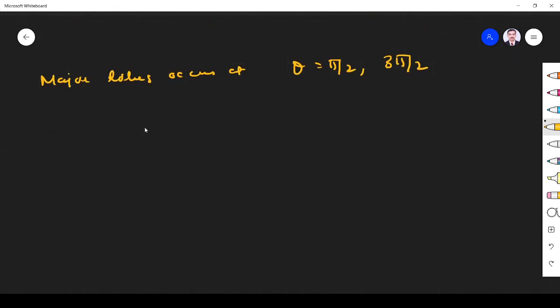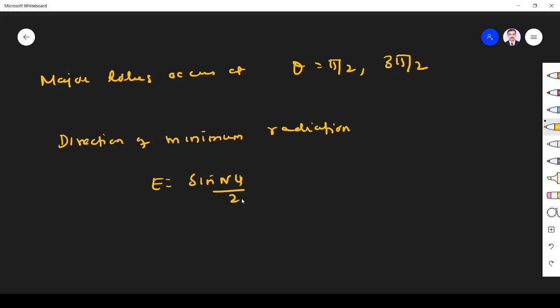Now we see the direction of minimum radiation. As usual we see E is equal to sine(n psi by 2) divided by sine(psi by 2). Minimum means again we have to take the numerator, sine(n psi by 2). What is the minimum value of sine? 0, right?